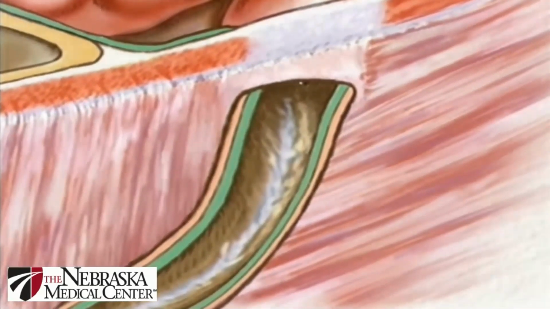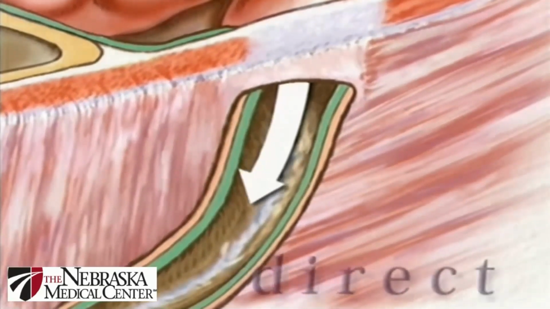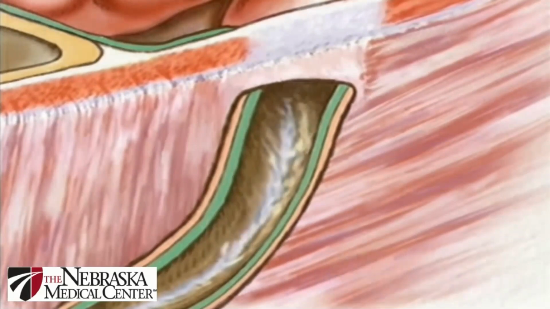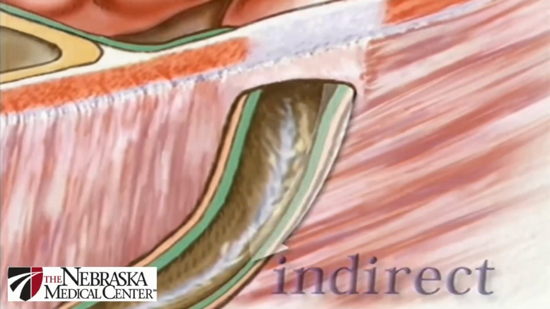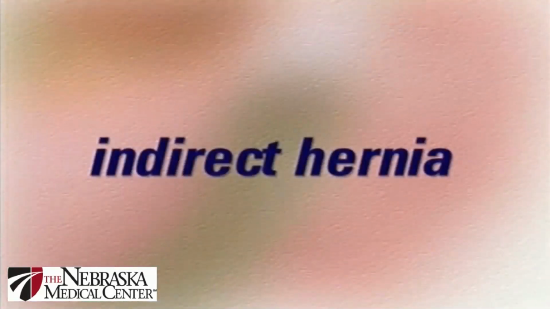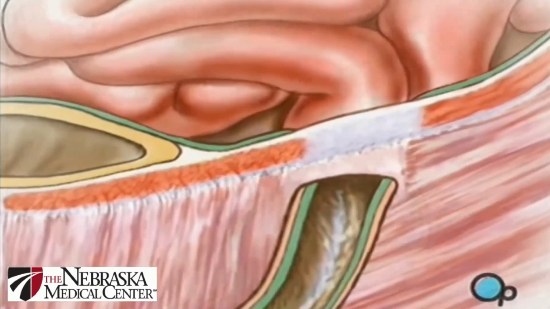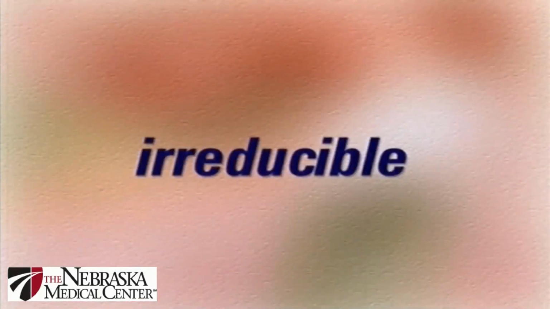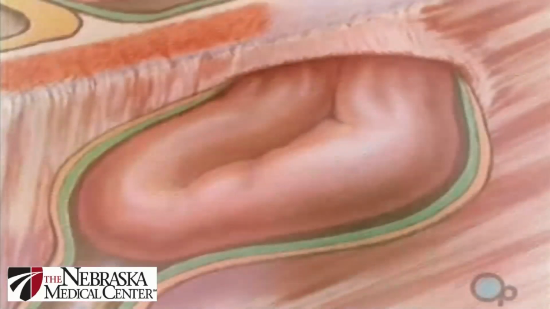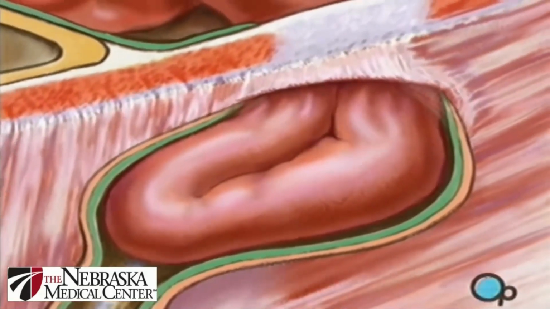Some inguinal hernias press directly through the floor of the inguinal canal. Others follow the route taken by the blood vessels that supply the testes. This kind of hernia, called an indirect hernia, can even push all the way into the scrotum. If those organs cannot slide easily back into the abdomen, the hernia is said to be irreducible. Irreducible hernias are often painful and can lead to complications.